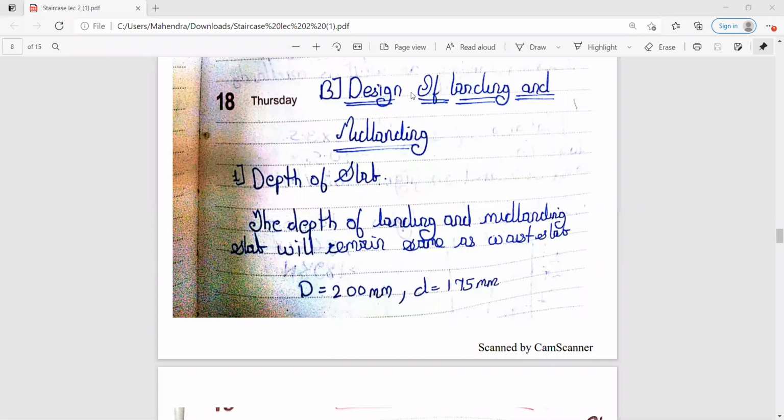The same we are going to consider here. So capital D is 200, and small d is 175, same as we had considered for the design of flight. So the same values you have to consider here also. Do this step number 1, then we shall proceed to step number 2.